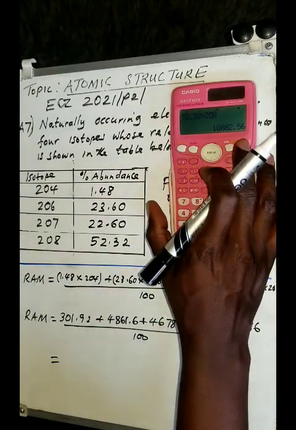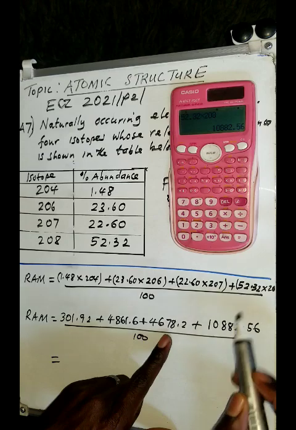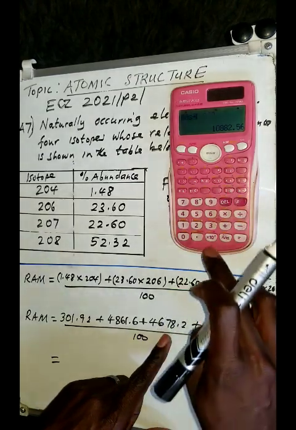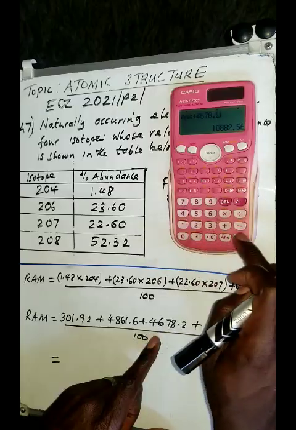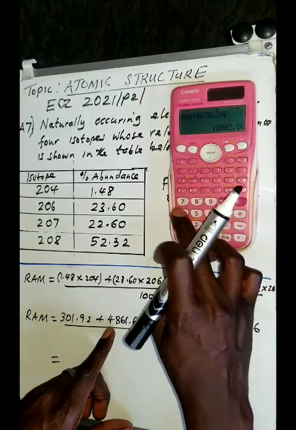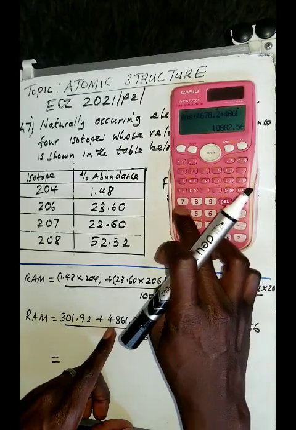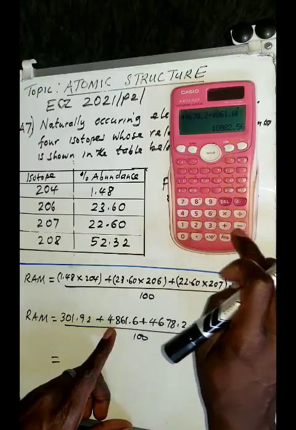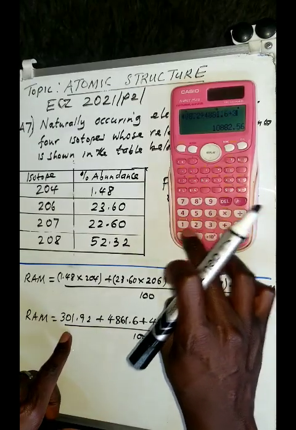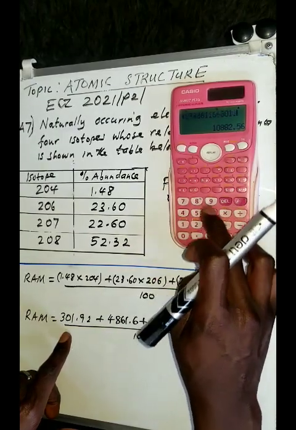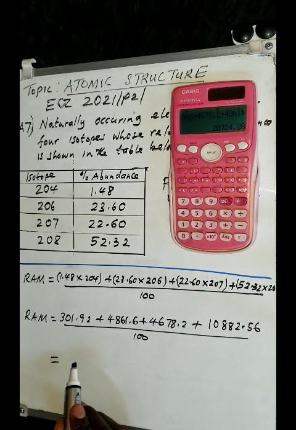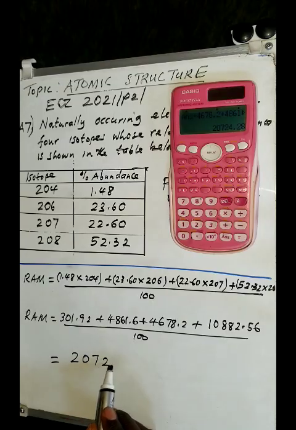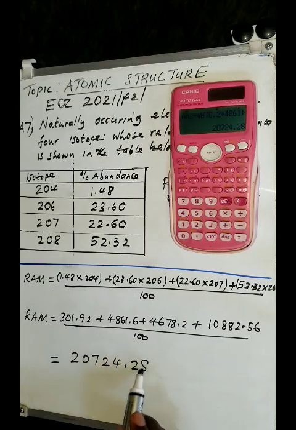So what we do, we just need to add all this. So I already have that, so let me just say plus 4678.2 plus, I come to this one 4861.6 plus 301.92. So this is going to give me, in this case, 20,724.28.